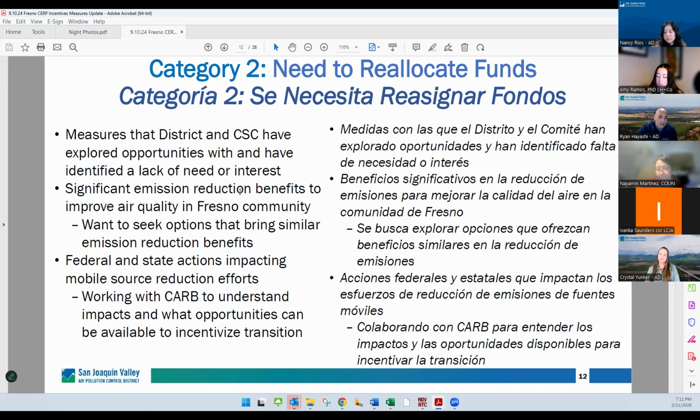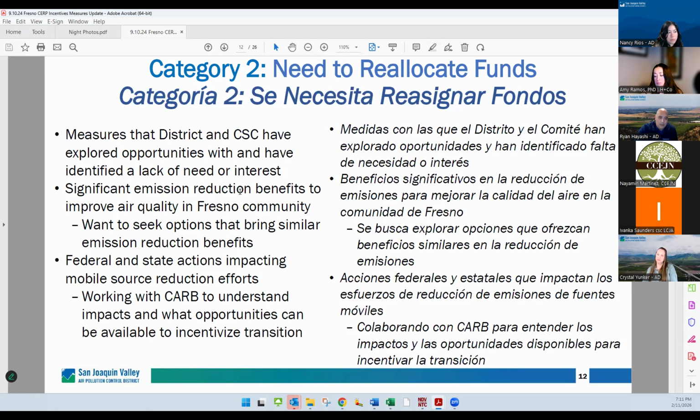The other major impact that I'm sure a lot of you are aware of is just what happened at the federal level with some of the state measures that were accounted for in the expected emission reductions in the community. Because some of the things that the state had proposed have now been nullified by actions that have been taken at the federal level, that's just another unfortunate situation where those needed emission reduction benefits aren't going to happen within the timeframes that we were looking at.